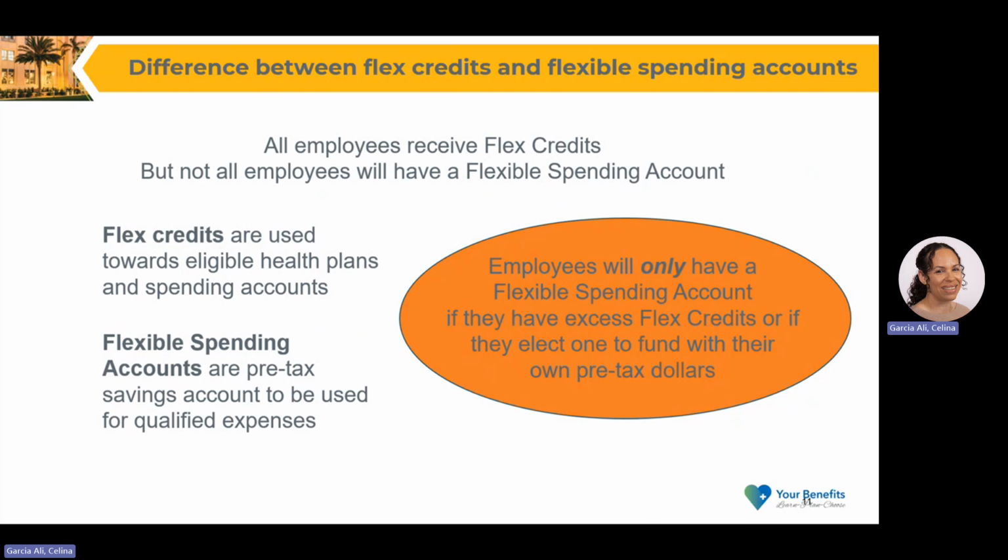So, remember, flex credits are used towards eligible health plans and spending accounts, whereas flexible spending accounts are pre-tax savings accounts to be used for qualified expenses. Employees will only have a flexible spending account if they have excess flex credits, or what we like to call leftover flex credits, or if they elect to fund one with their own pre-tax dollars.